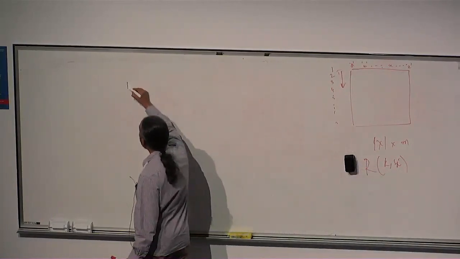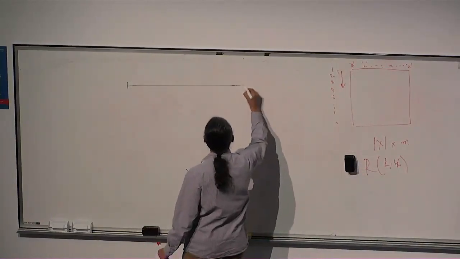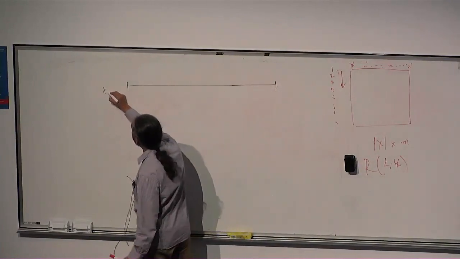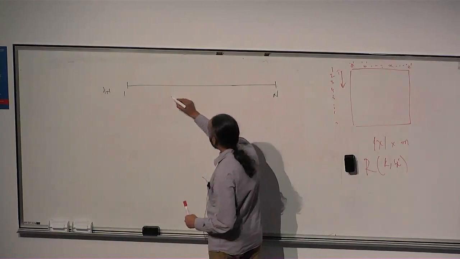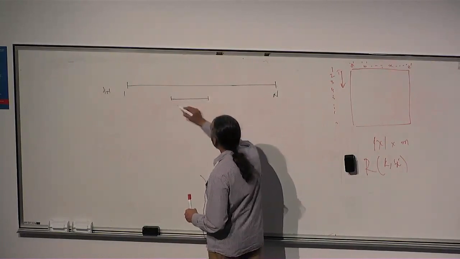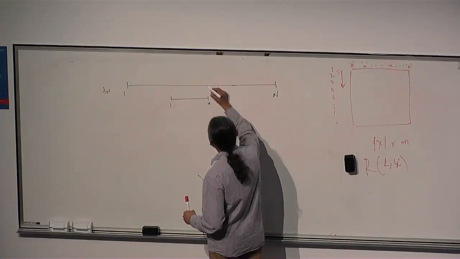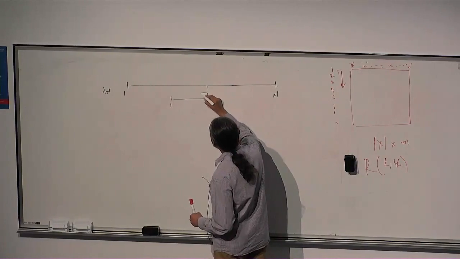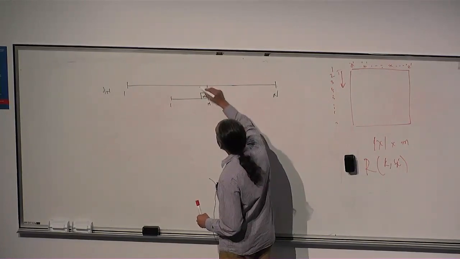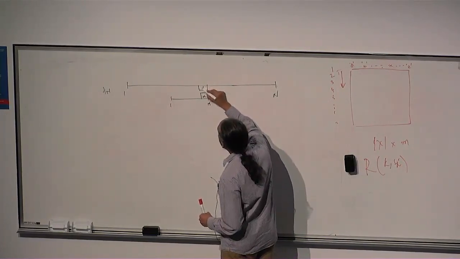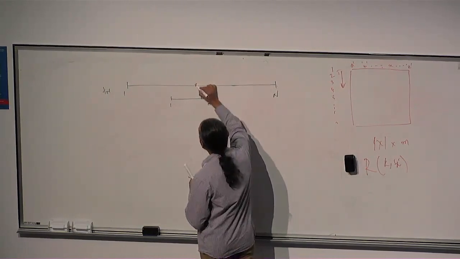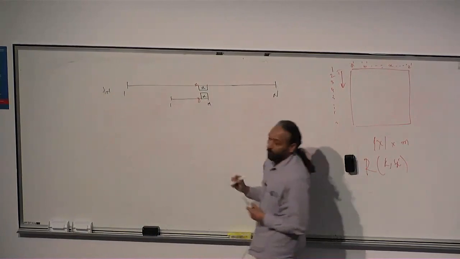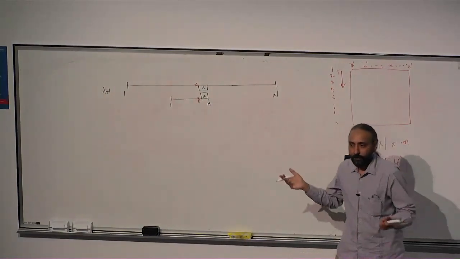Now, a point of view of thinking is, there's a text, 1 to n, and now you have a pattern, 1 to m, and there is some good suffix, alpha, before you saw the mismatch.